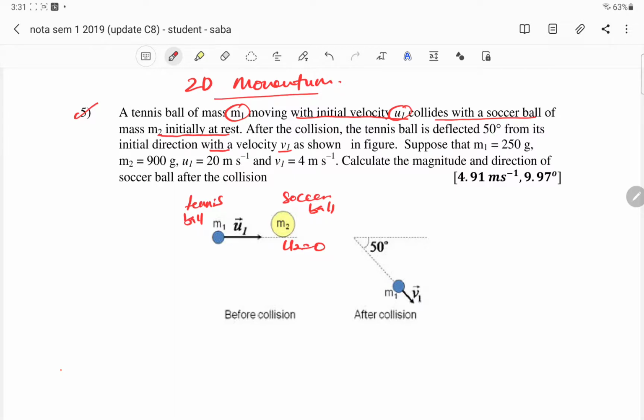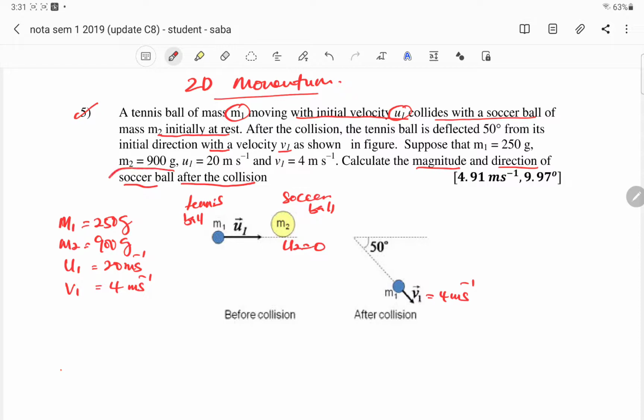Suppose that M1 is 250 grams, M2 900 grams, U1 20 meter per second, V1 4 meter per second. Calculate the magnitude and direction of the soccer ball after the collision. Soccer ball is M2.